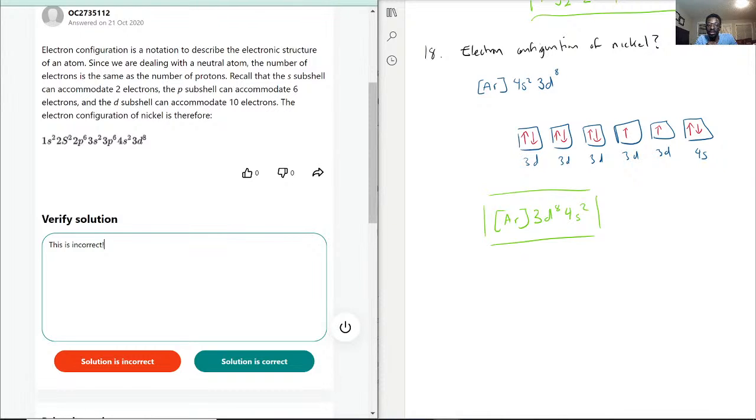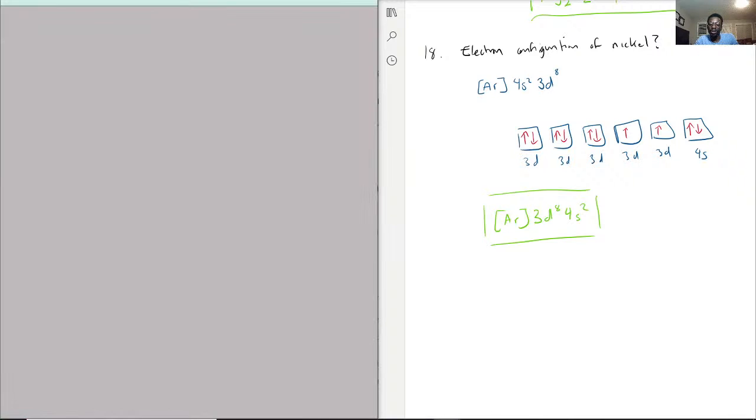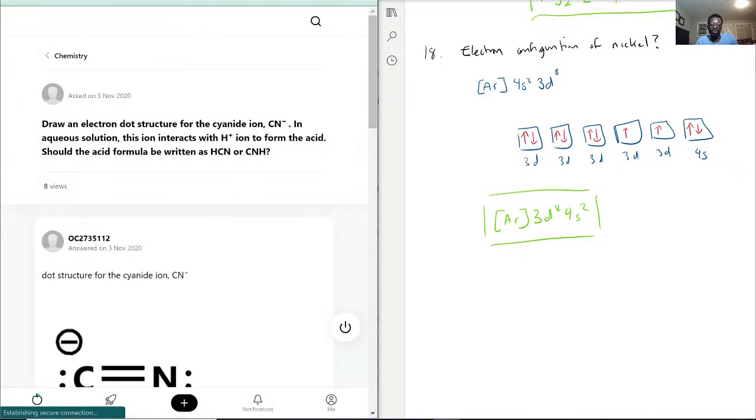This is definitely something they can put as one of the multiple choice answers where it looks so close to what you want, but is not. You want 3d8 before 4s2. So that's something you've got to watch out for. Even I almost did it as well. So keep an eye on that. So now question 19.